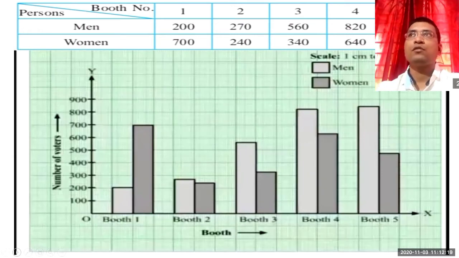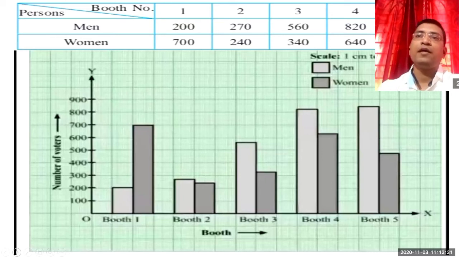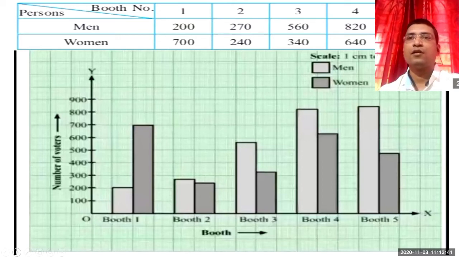Booth number 4, men 820 and women 640. The bars are drawn. Booth number 5, men 850.